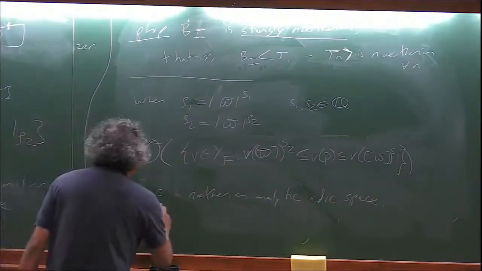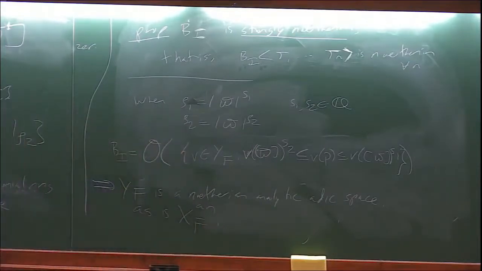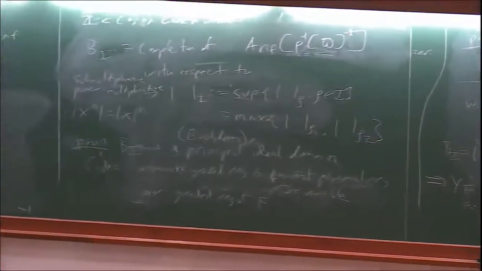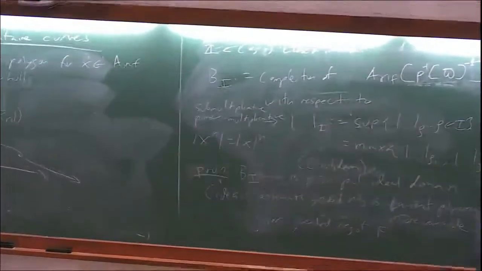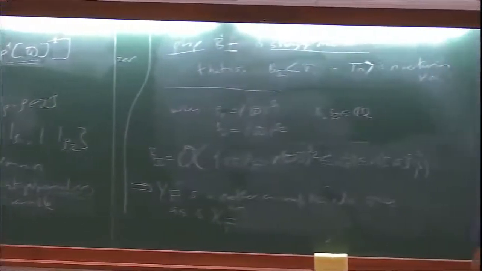And as is X_FF, because it just inherits that property from the covering. Okay. Great. So now I have a really nice adic space. It basically is one-dimensional, so it looks like a curve.